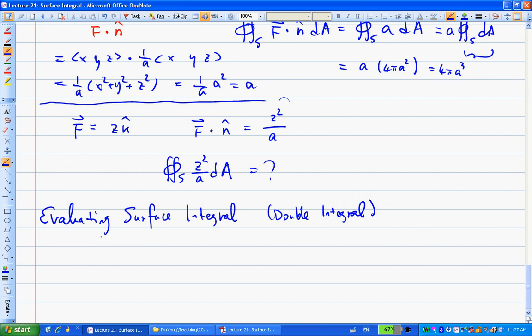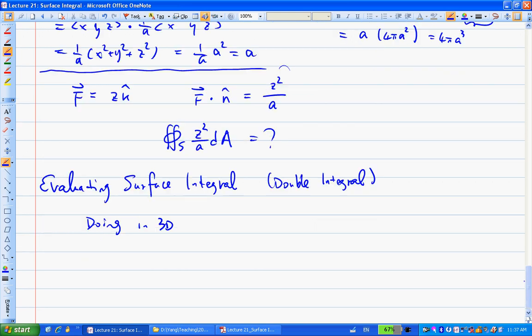As I said, what we are doing is in 3D. In 3D, we can use x, y, z Cartesian coordinates, or we can also use cylindrical coordinates r, theta, z, or maybe spherical coordinates rho, phi, theta to represent this.